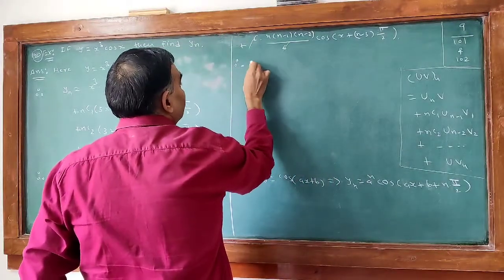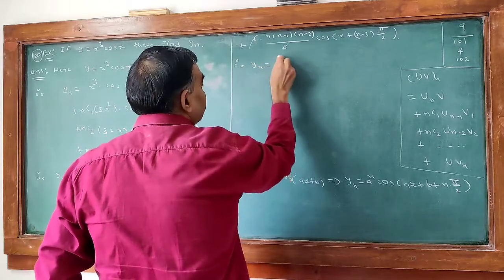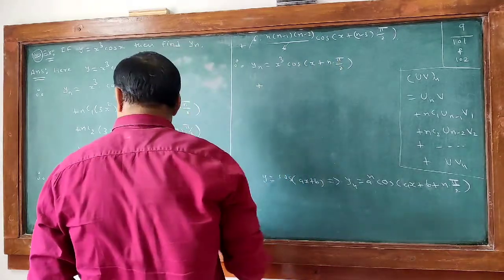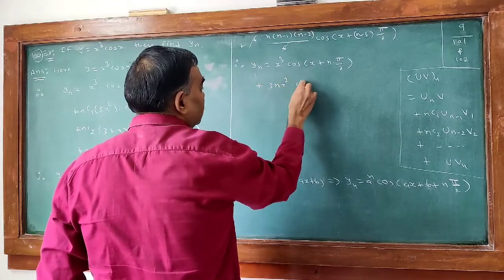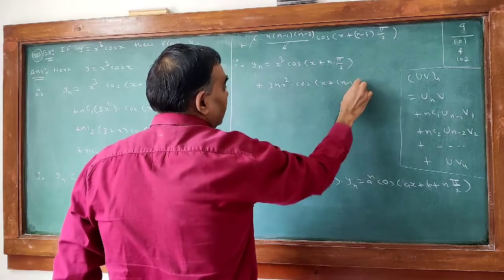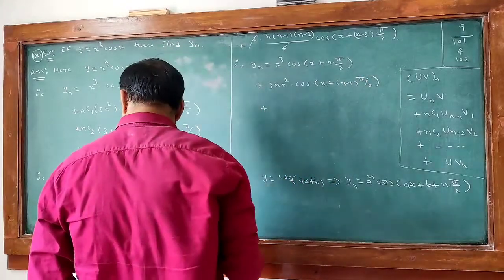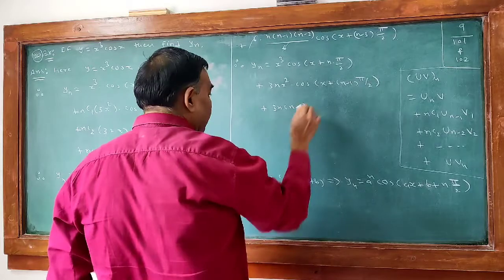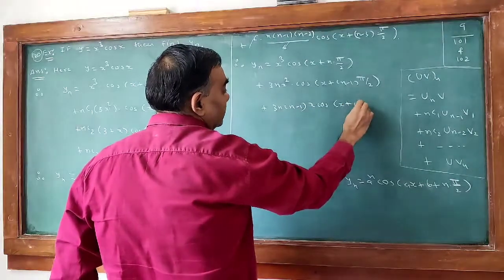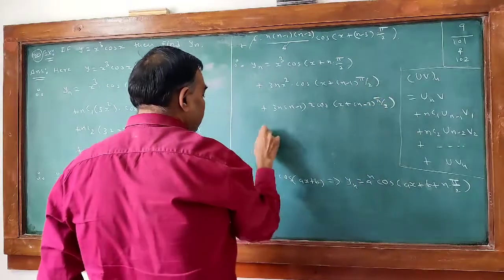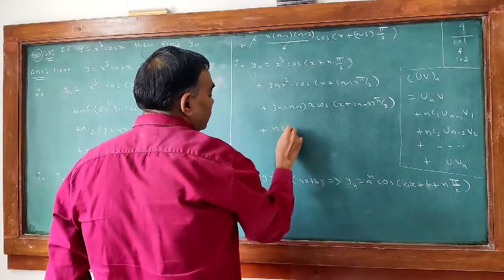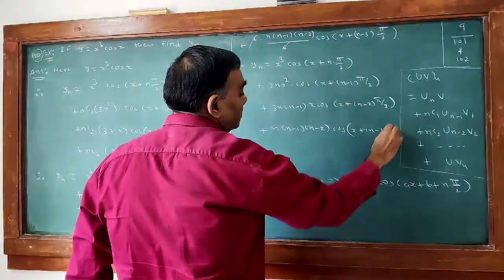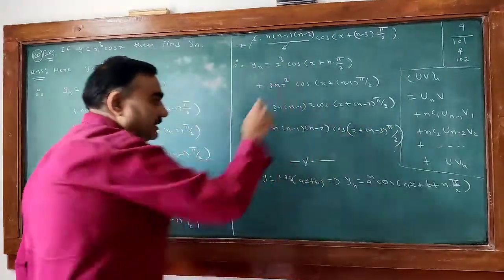So yn is x cube cos(x + n pi by 2) plus 3n x square cos(x + (n minus 1) pi by 2) plus 3n(n minus 1) x cos(x + (n minus 2) pi by 2) plus n(n minus 1)(n minus 2) cos(x + (n minus 3) pi by 2), and this will be the final answer.